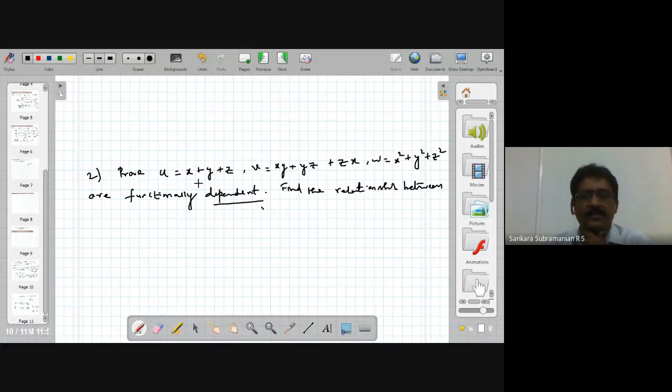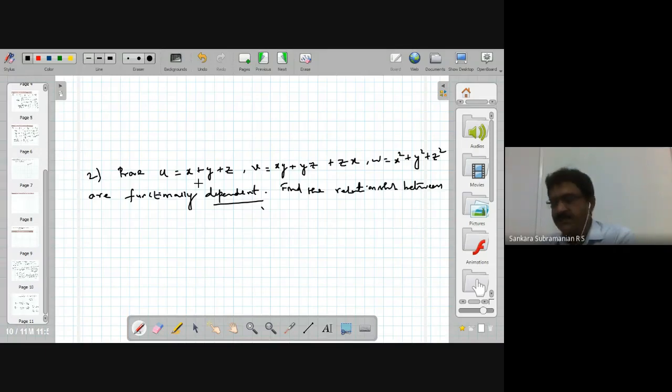Prove that if u equal to x plus y plus z, v equal to xy plus yz plus zx, w equal to x square plus y square plus z square, they are functionally dependent.